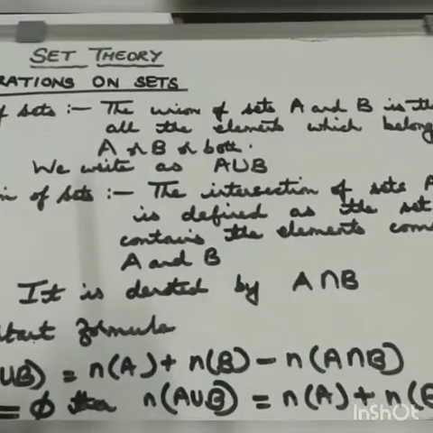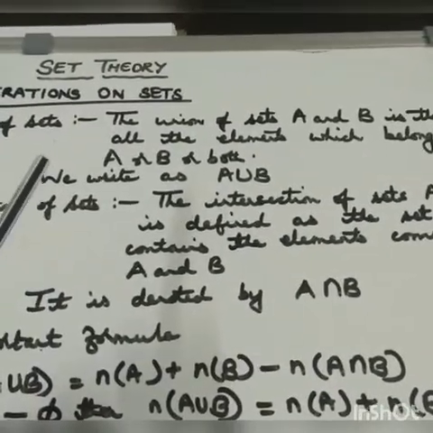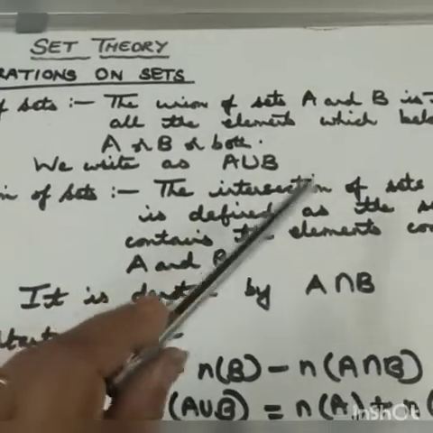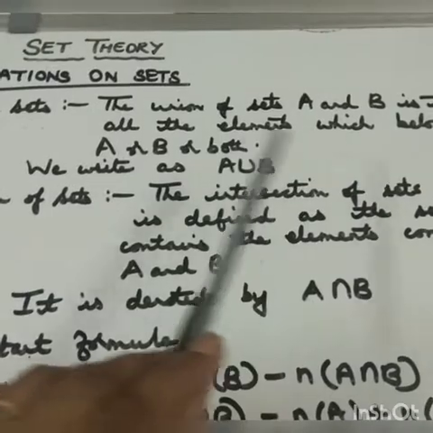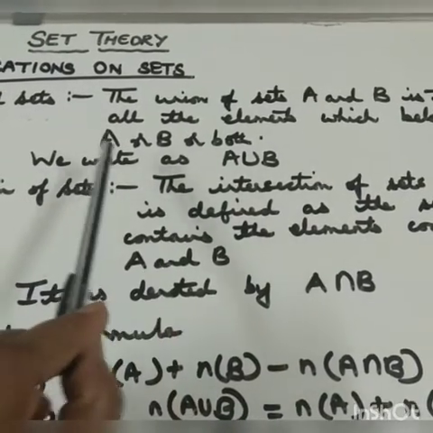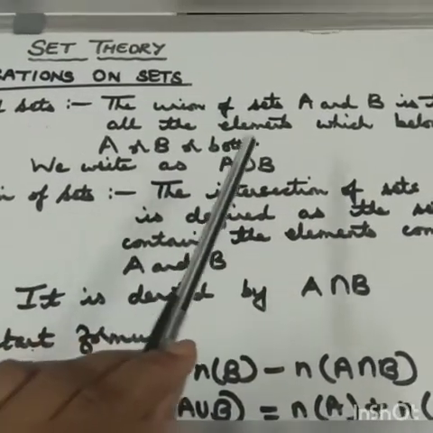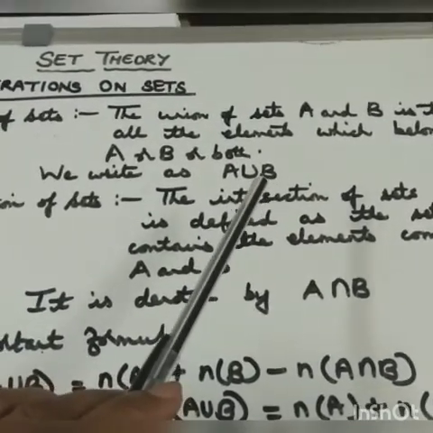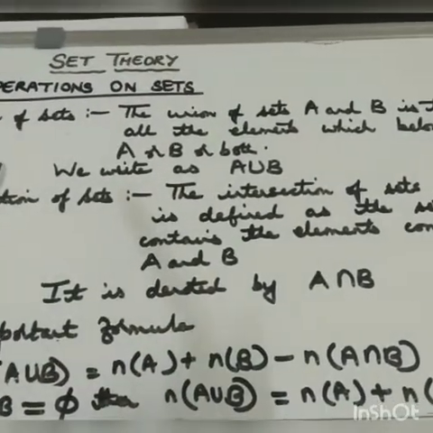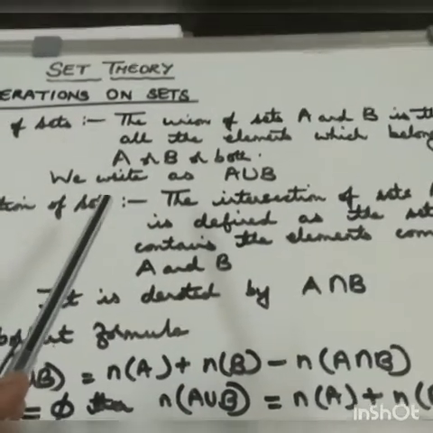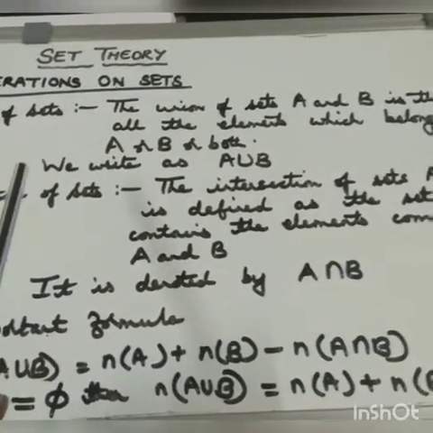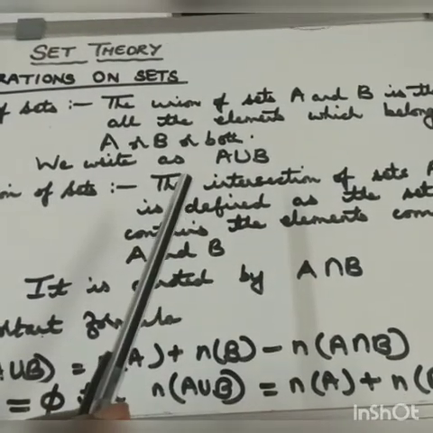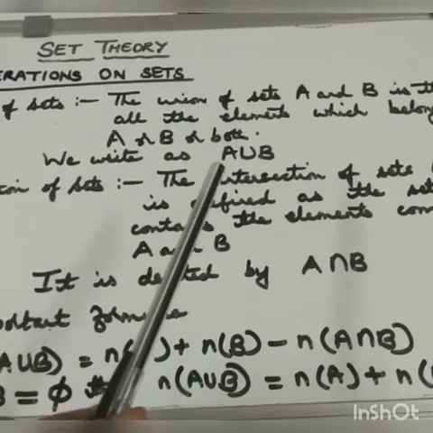Now what is union of sets? It is somewhat comparable to addition. The union of the sets A and B is the set of all the elements which belong to either A or B or both. We write it as A union B. In a union, you write all the elements of set A and set B, and common elements are to be written once only.